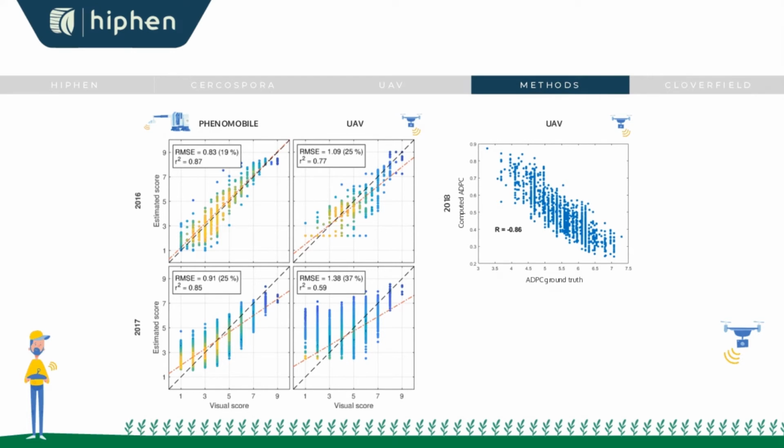Once again, this is due to the high resolution of the phenomobile that allows us to go very close to what we can achieve with the human eye and the expertise from the ground. And with UAV, we managed to derive a methodology that is very robust and allows us to sort the microplots with a very good level of accuracy indeed.